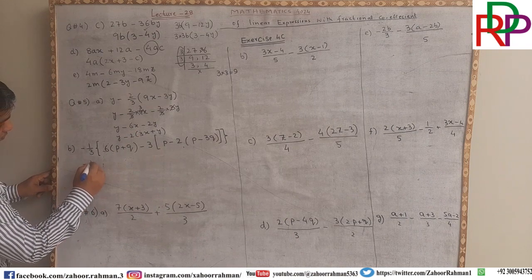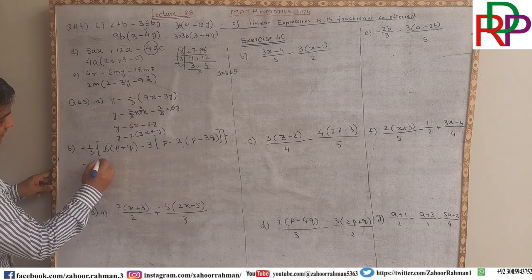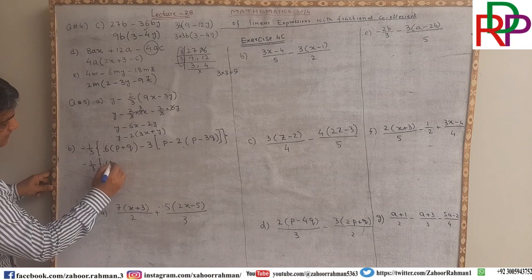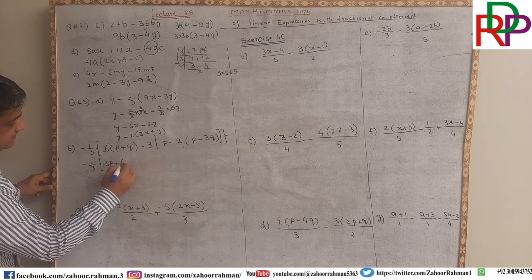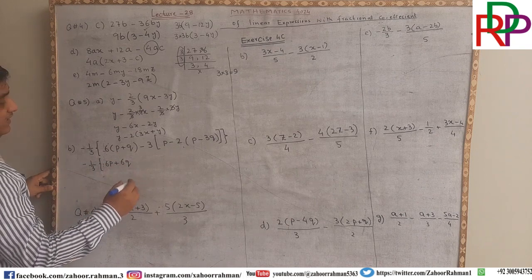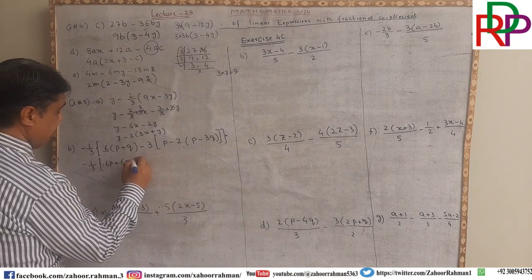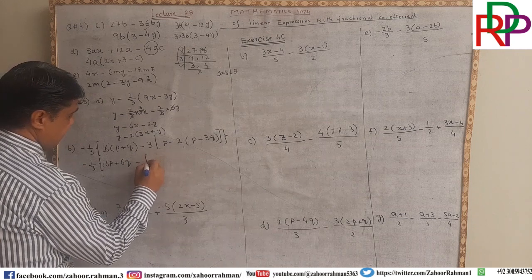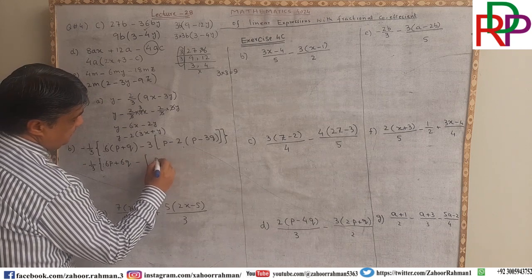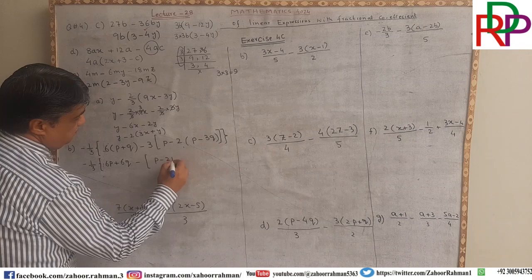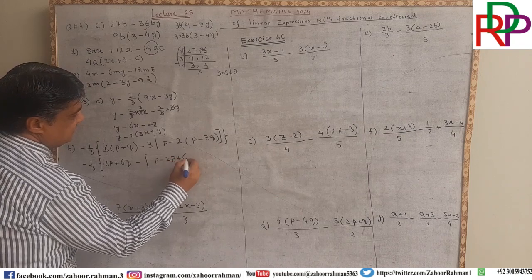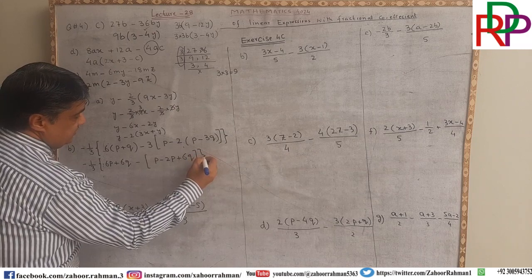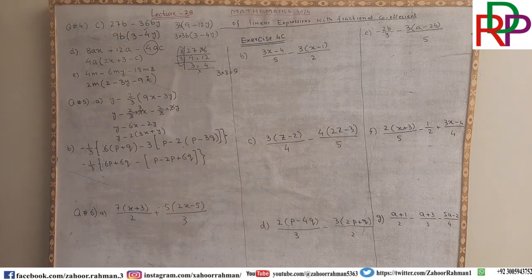Now minus 1 over 3, and first we have to evaluate this 6p plus 6q, and then I have to write minus, and then I have to write p minus 2p plus 6q, and then I have to close this bracket and this bracket as well.